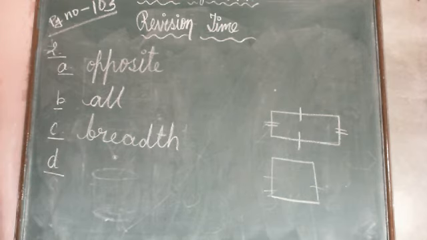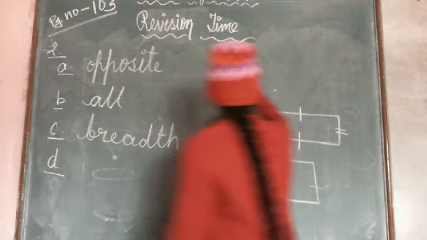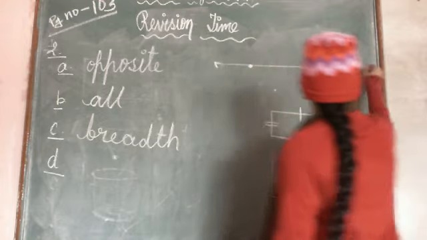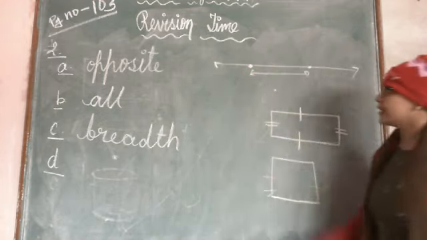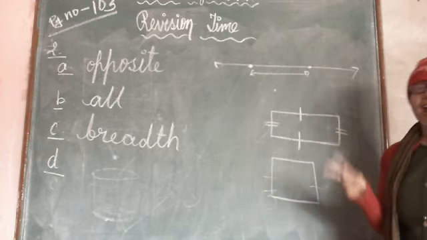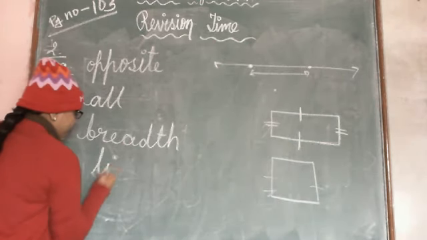Now the next one, a line segment has dash end points. See, this is a line, and this is a line segment. So a line segment has 2 end points.